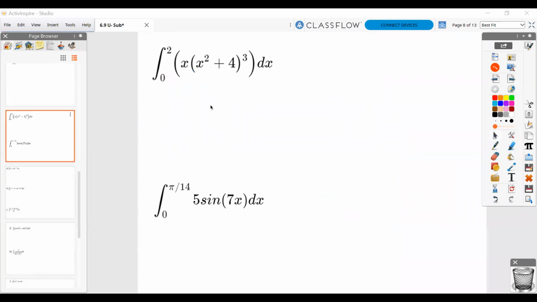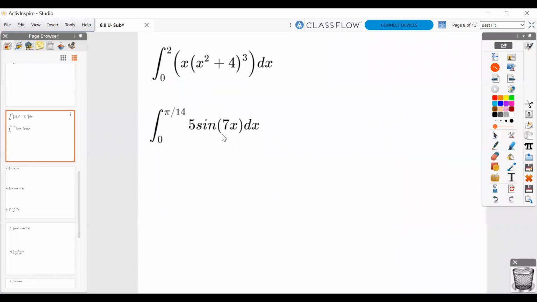For the second one, this is one where we're just trying to get rid of this. We don't want to integrate with the 7x. So we're going to say u is equal to 7x. A lot of times you might even just say, oh, well, this is going to become 5/7 when I do it and just plug in the bounds. But let's say, for example, you do use u substitution here. That means du dx is equal to 7, or dx is equal to du over 7.